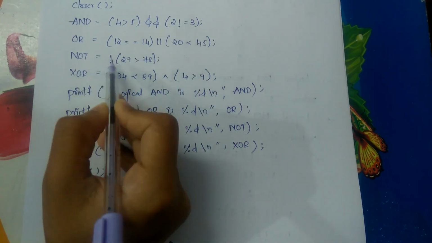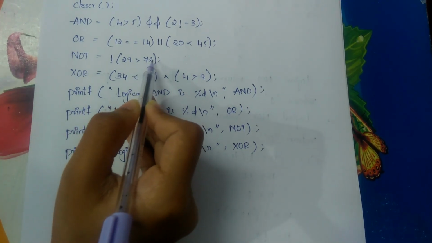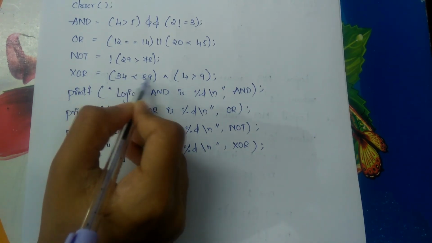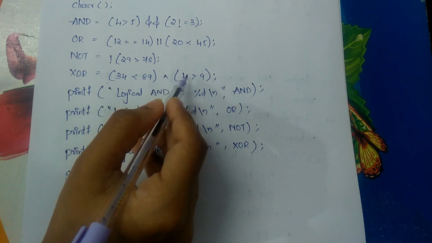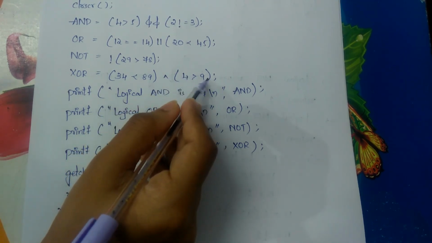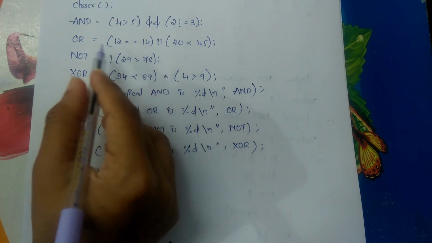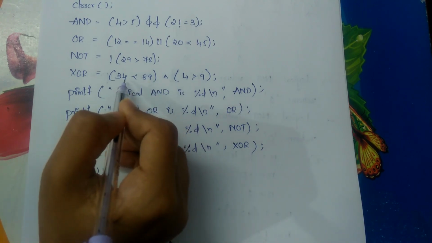Next, not equals to logical NOT of 29 greater than 78, ended with semicolon. Next, xor is equal to 34 is less than 89 logical XOR of 4 greater than 9, and ended with semicolon. So I am applying all these logical operators in between the relational expressions.